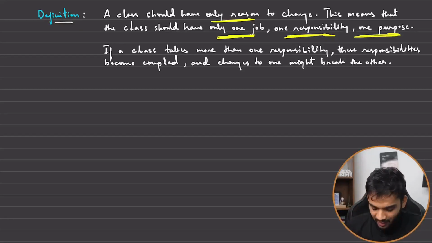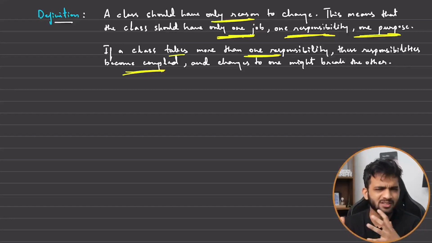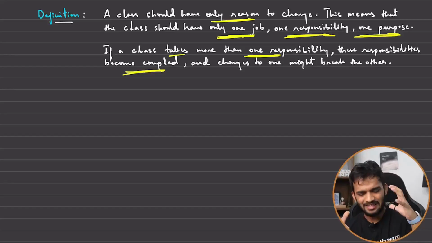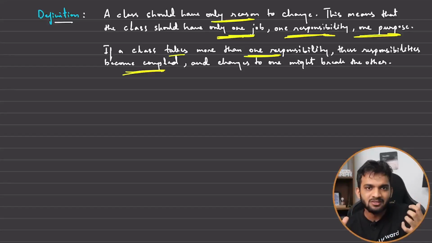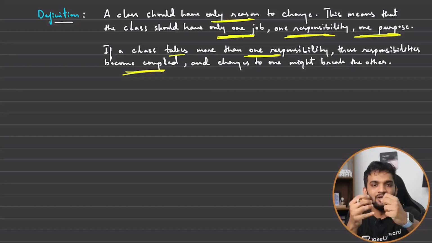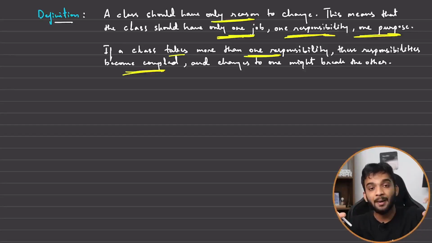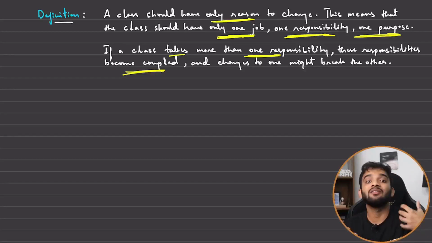Understood? If a class takes more than one responsibility, then the responsibilities become coupled. What does that mean? Basically, if you're having a lot of logic in a single class, it means you're intersecting different arenas. Changing one particular logic might impact the other and vice versa.